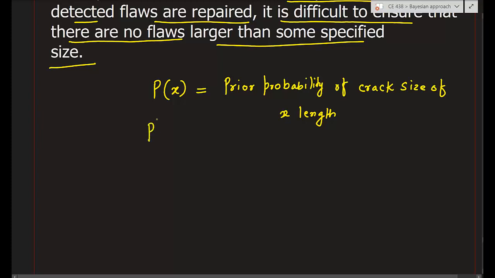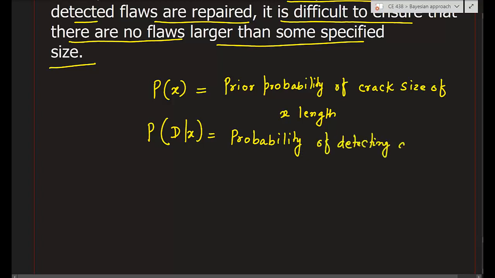And P(d|x) denotes the probability of detecting a given crack size of length x. So basically I have been given a crack size of length x. What is the probability that it will be detected?